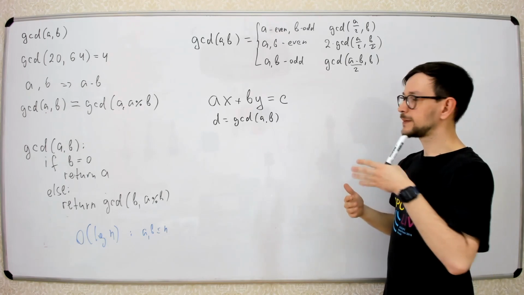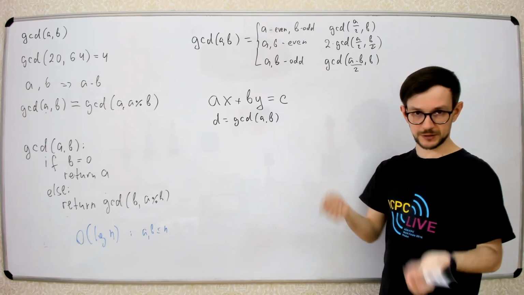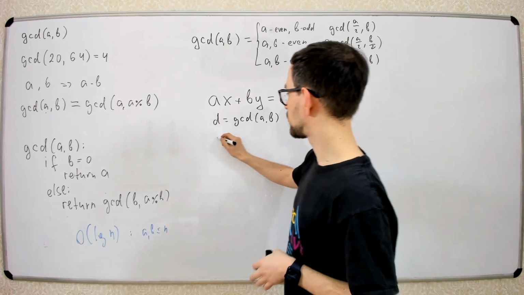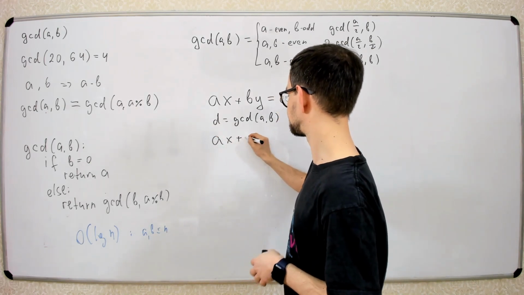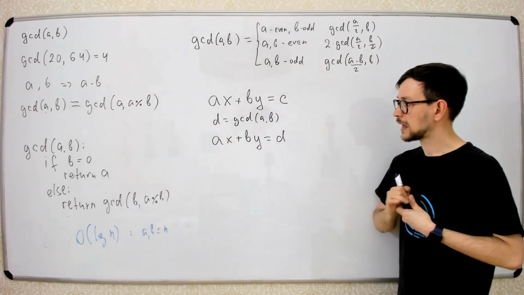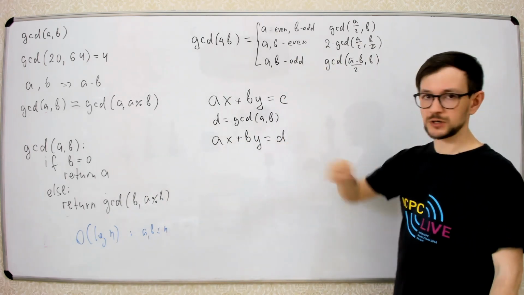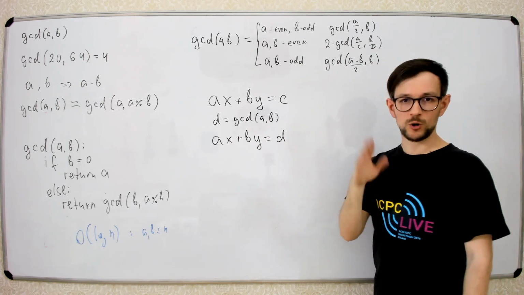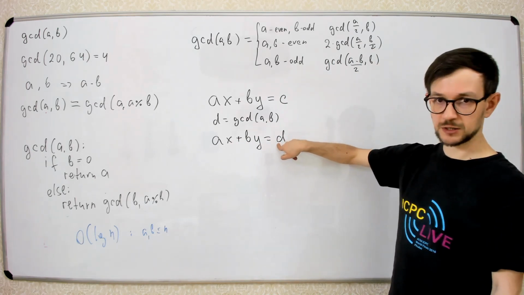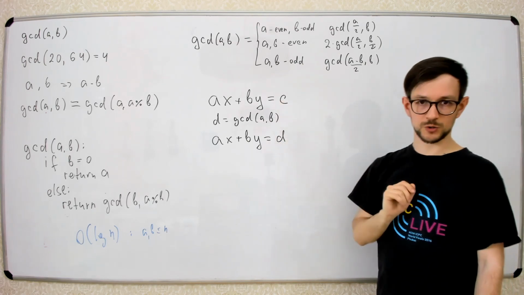Now, I claim that if C is divisible by D, there is always a solution. Why is it so? Because let's solve the following equation instead. I claim this equation always has a solution. And if this equation has a solution, then this equation also has a solution.